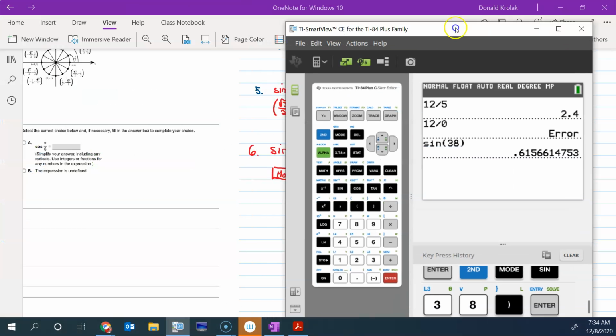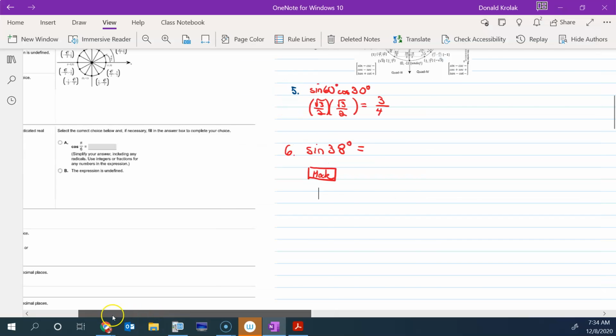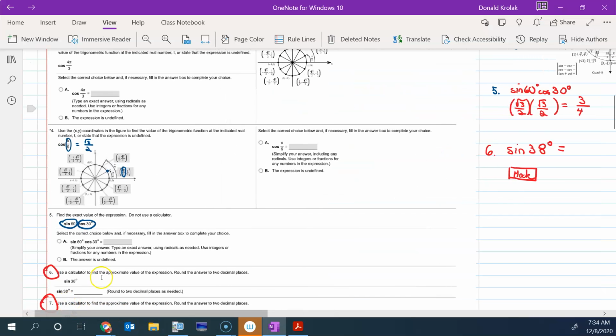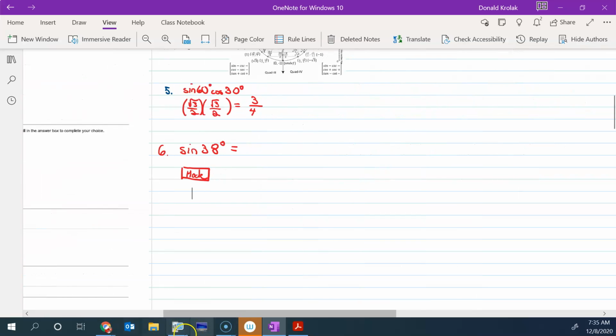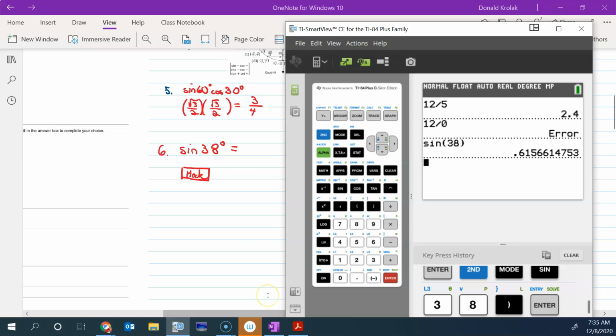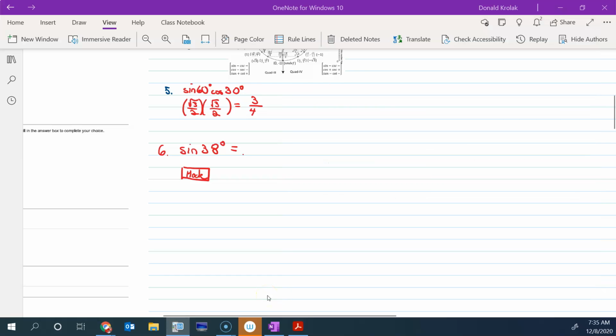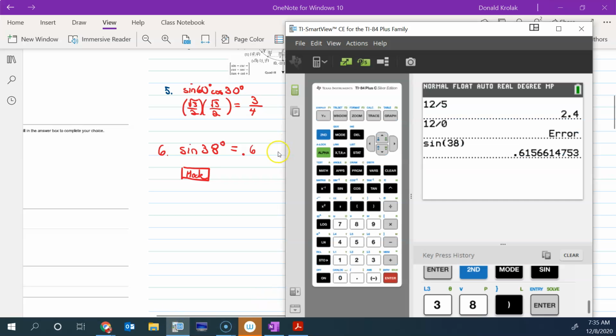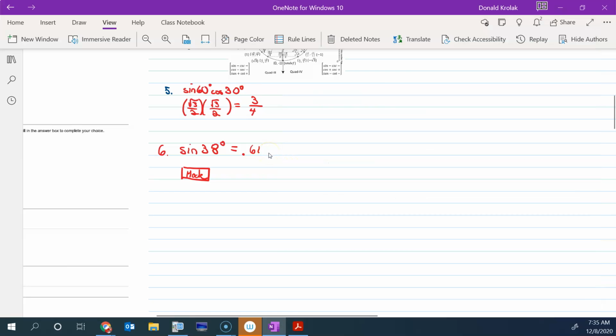And I'd say round it to 2 decimal places. Okay, so this would be 0.615. So if I'm rounding it to 2 decimal places, I'm going to look at the 5, and it tells me to round the 1 up.